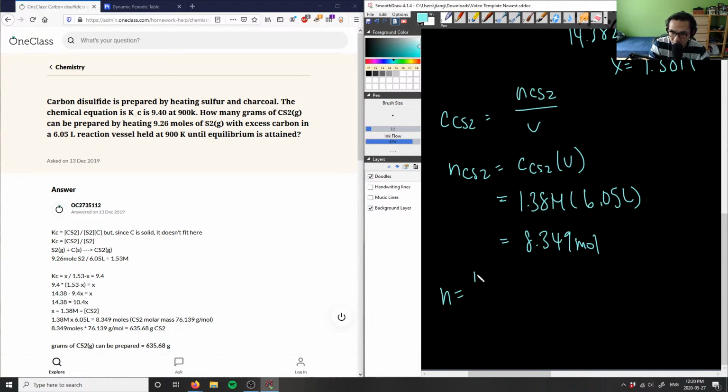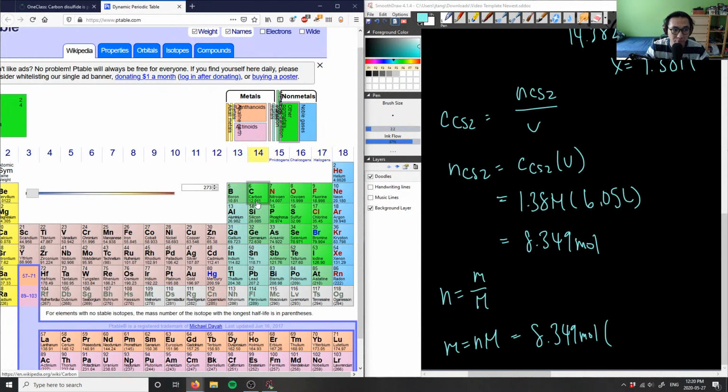Then we can find mass by saying moles equals mass over molar mass, so mass equals moles times our molar mass. So we have 8.349 moles times the molar mass of carbon disulfide, which I can calculate. Carbon here is 12.011 plus 2 sulfur, so 2 times 32.06.